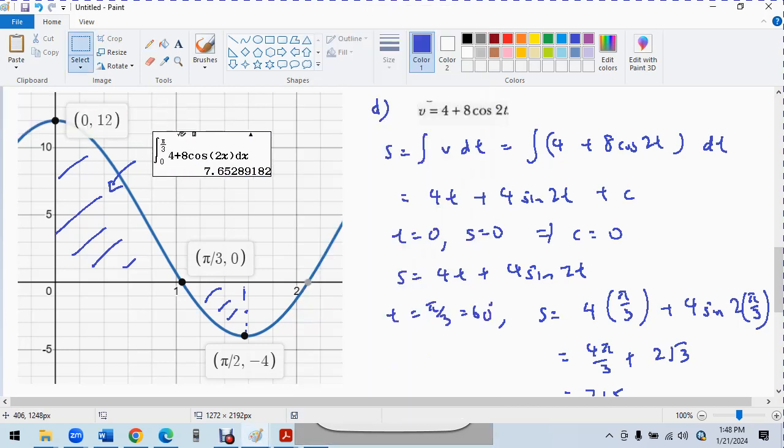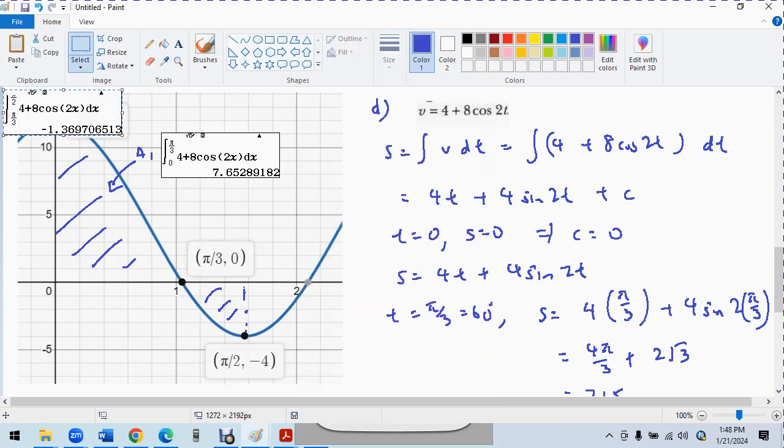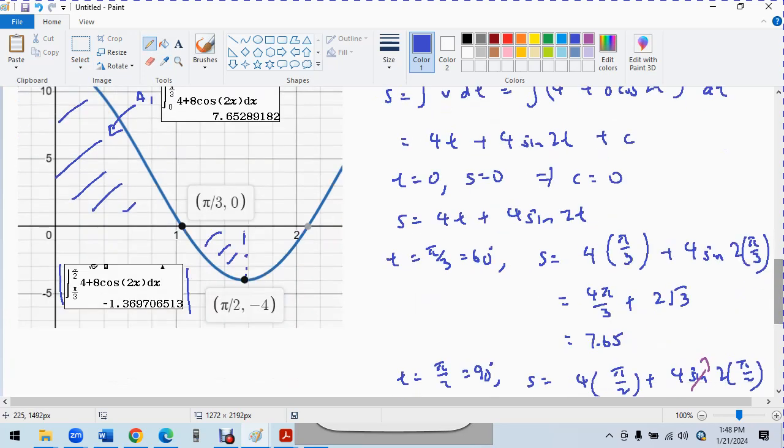So this is the first area. Then the second area is the integration of this one from pi over 3 until pi over 2.